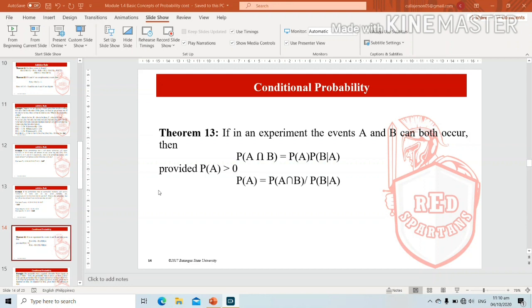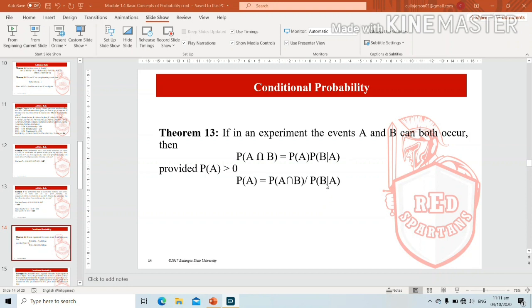So, proceed tayo sa conditional probability. Theorem 13, if in an experiment events A and B can both occur, then probability ng A intersect B is equal to probability ng A multiply sa probability ng B given A. Yung vertical na ito ay given.